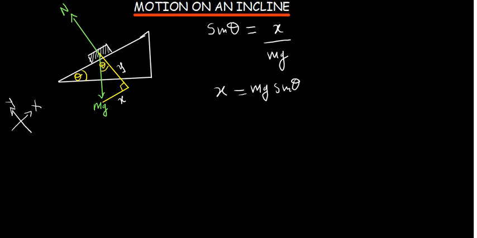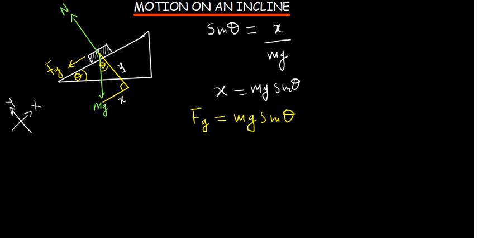Since this side is parallel to this side, by virtue of being on an incline there's always a force that pulls things down an incline because of their weight. That is called force due to gravity. So Fg and x are equal, and that is mg sin theta.